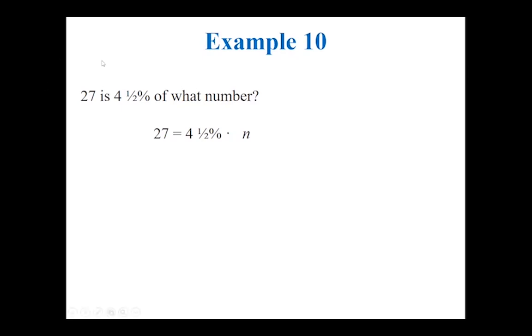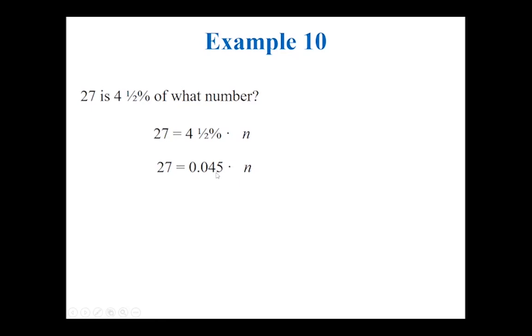I'm a broken record at this point, but is equals. Of is multiply. What number is n? Now, 4.5% as a decimal is 0.045.